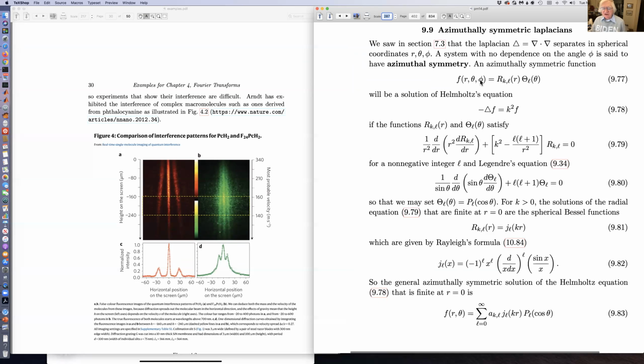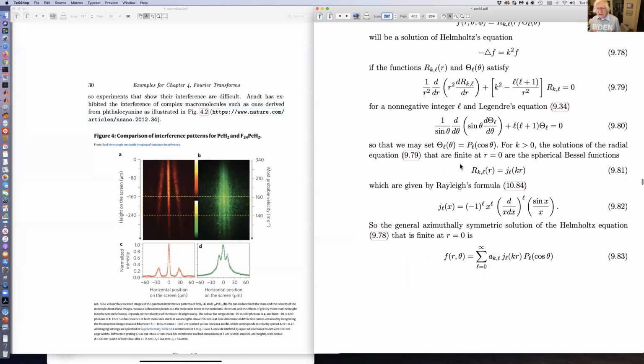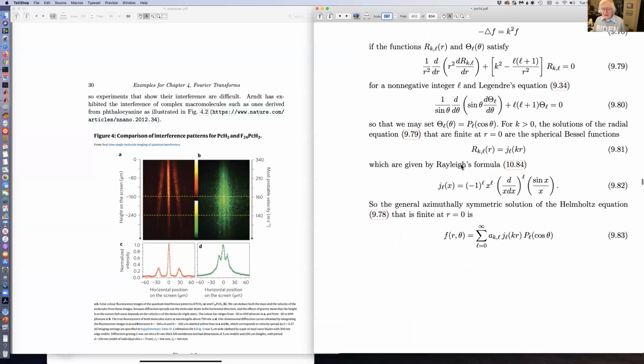And so we don't have to talk about phi, and we can just talk about R of r times Theta sub L of theta. And that will be a solution of Helmholtz's equation if R and Theta satisfy these two equations for a non-negative integer L. And this equation is the differential equation for a Legendre polynomial.